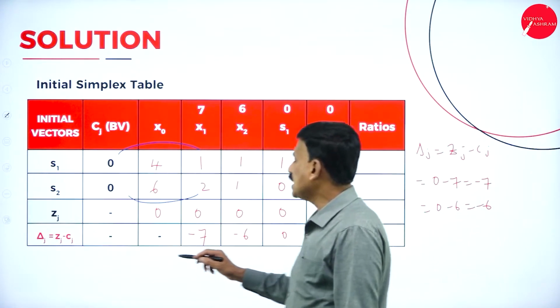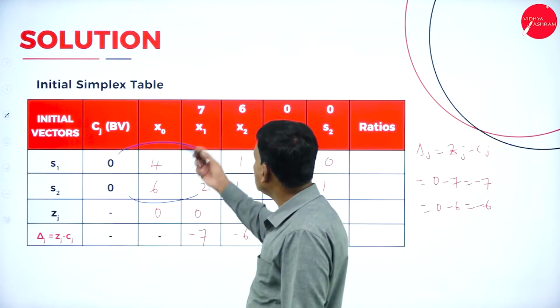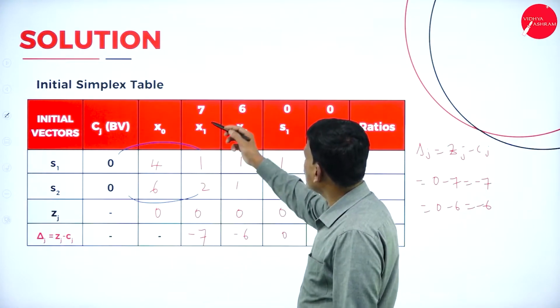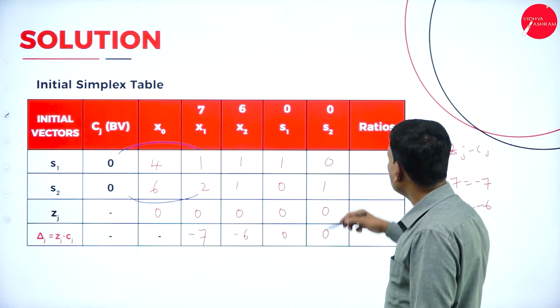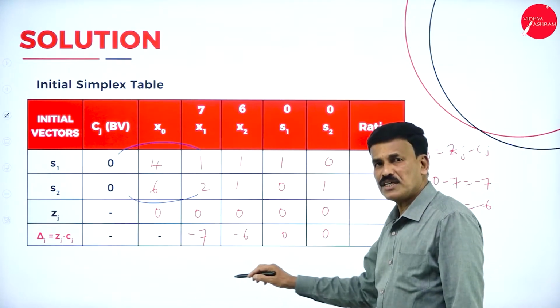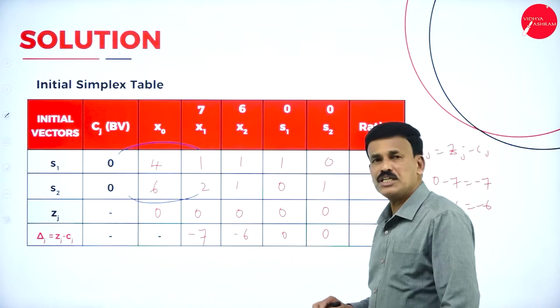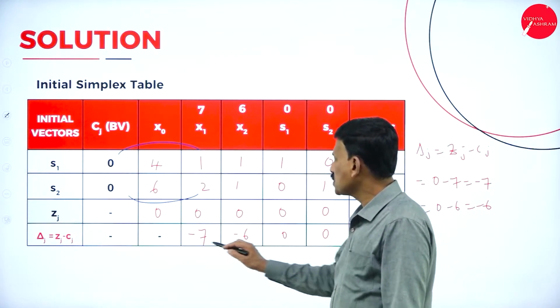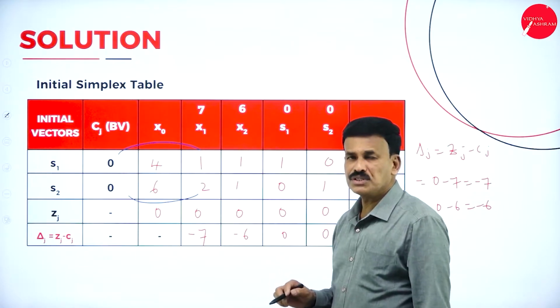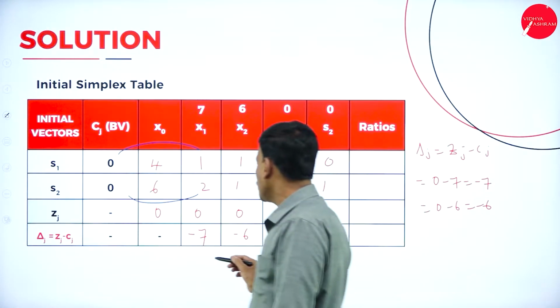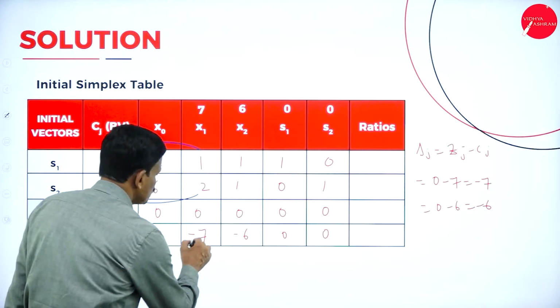Now find out delta j is equal to zj minus cj. 0 minus 7 is minus 7. 0 minus 6 is minus 6. 0 minus 0 is 0. And identify the least negative value in this row. So here the least negative value is minus 7.